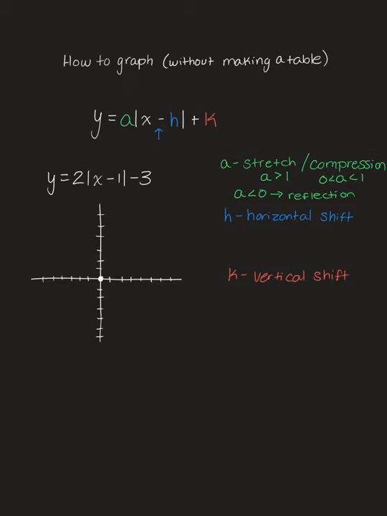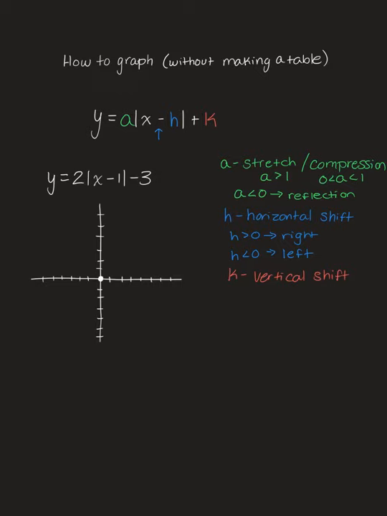Okay? So if your h is positive, which means that it's bigger than 0, you move to the right. If your h is negative, then you move to the left. Okay?